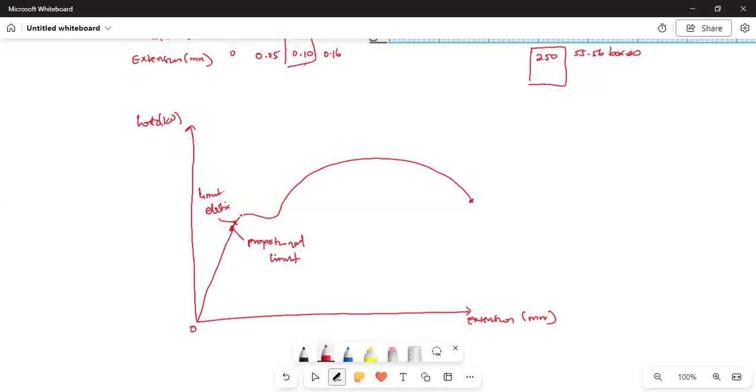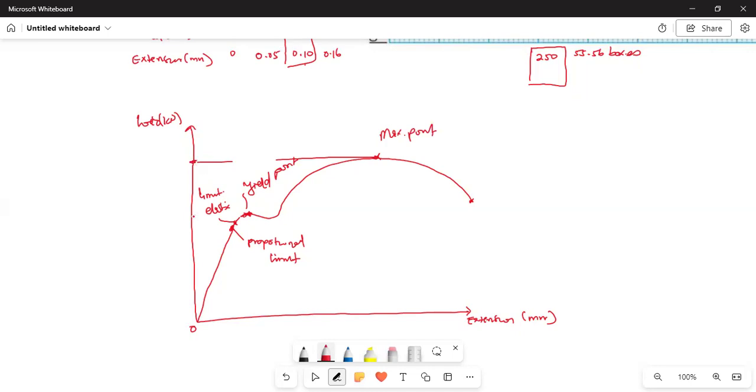Where the curve starts turning, this point is the yield point. After you have drawn the curve like this, the highest point here is the maximum point. So the load that you read from here is the maximum load.